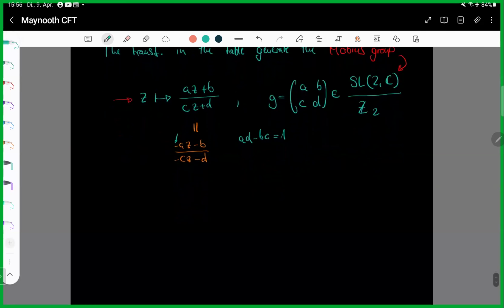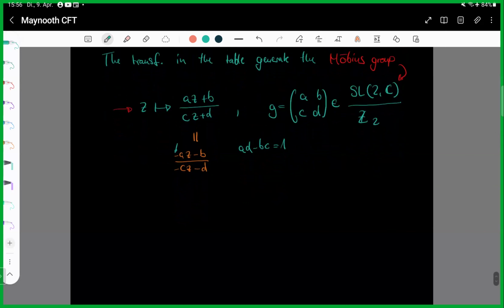So the reason this is fine in CFT, that's what I anticipated before, is that the Möbius group, basically what it does is it takes the sphere and just takes the sphere into itself. So we say it's the automorphism group.